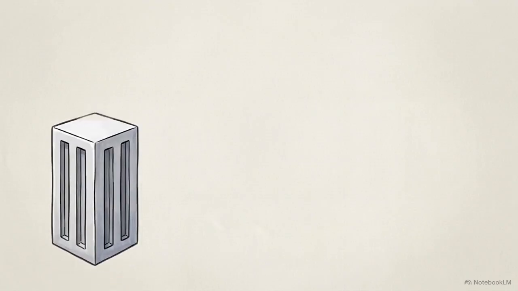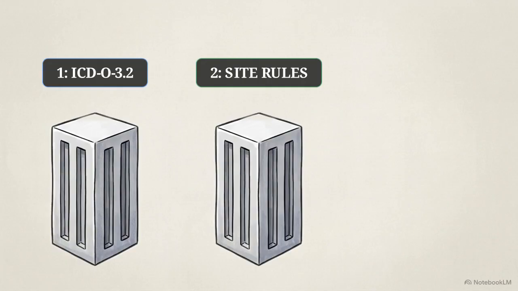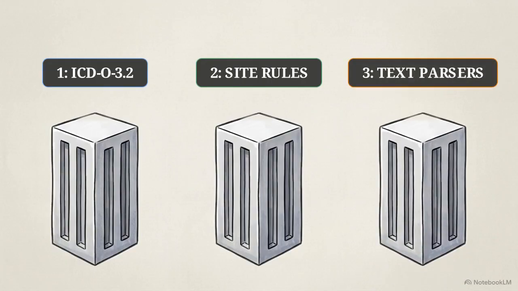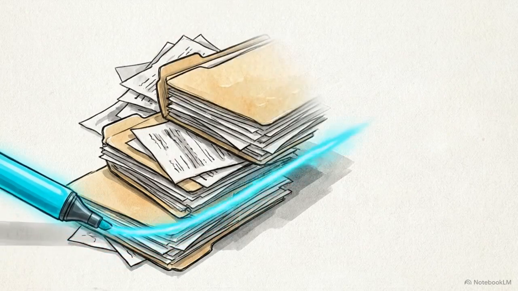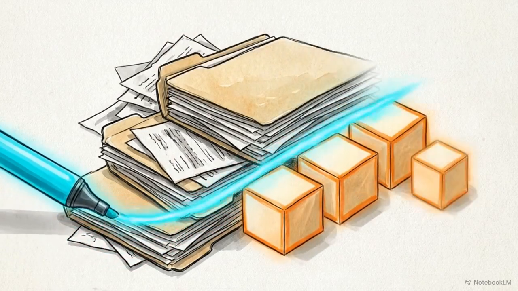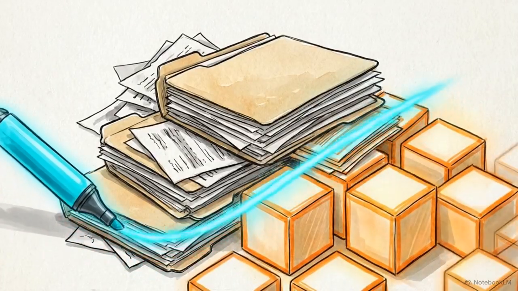This algorithmic framework rests on 3 core pillars: standardized behavior codes, site-specific topography exceptions, and programmatic filters for ambiguous terminology. Mastering this specific decision tree is how registrars take uncertain, highly variable clinical records and sanitize them into a standardized national dataset. Let's build the Boolean decision tree.